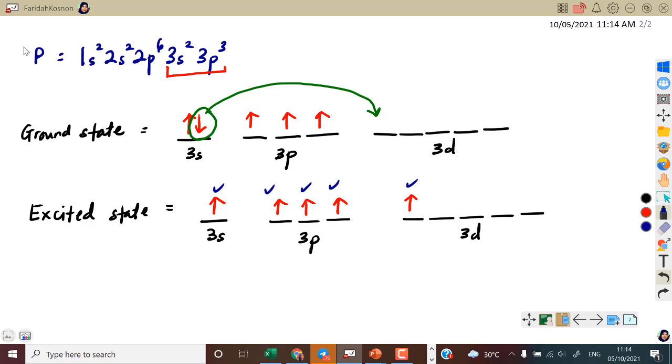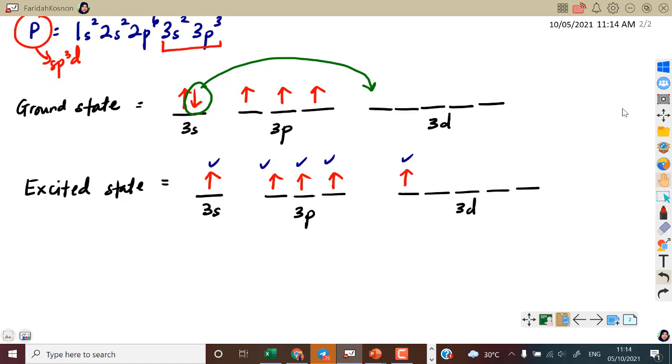And in order to form a new set of hybrid orbitals, di mana kita dah lihat tadi bahawa phosphorus ini undergoes sp3d hybridization. So what happens?